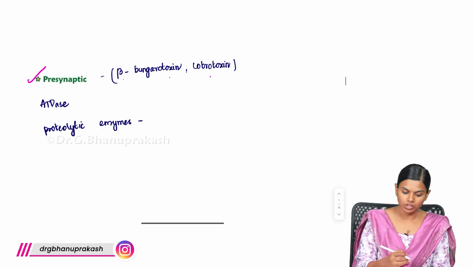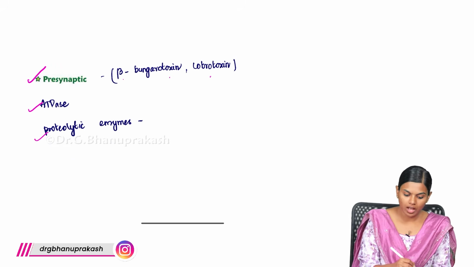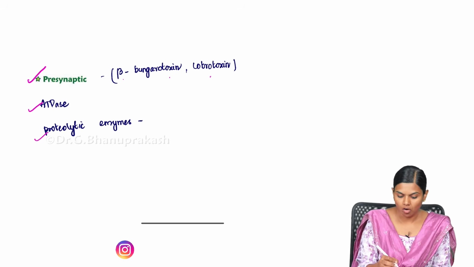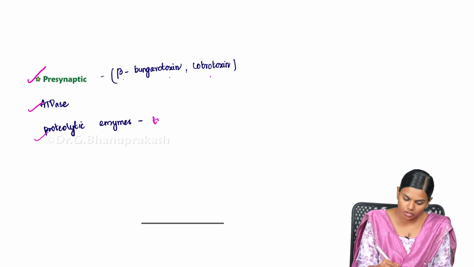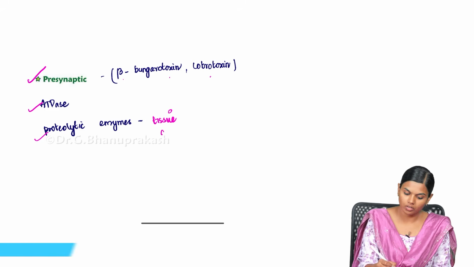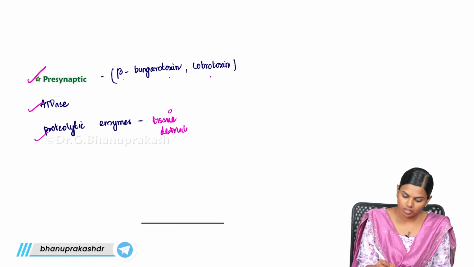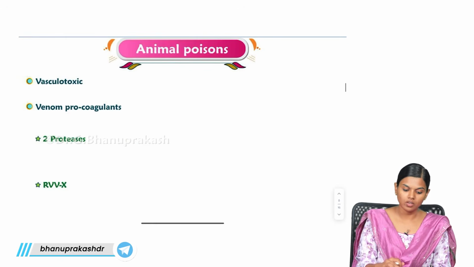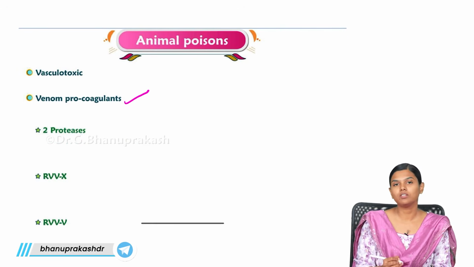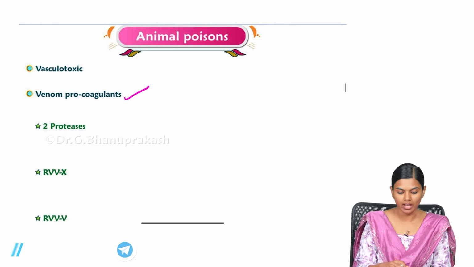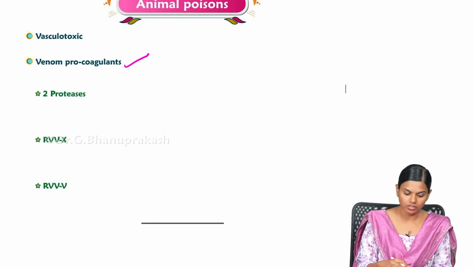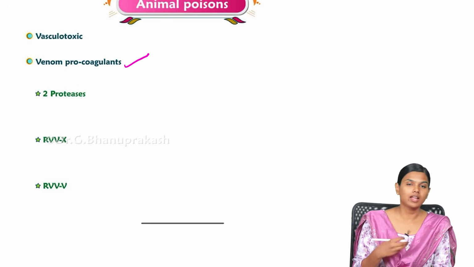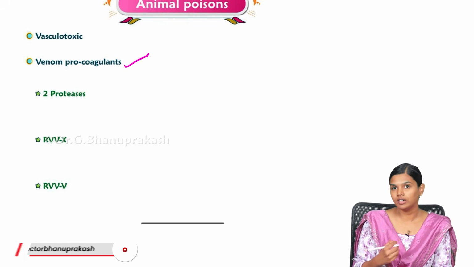Then apart from this, you will have ATPase. You will have proteolytic enzymes. All this will lead to tissue destruction. You will have some hydrolases. Then you will have these procoagulants. In the vasculotoxic venom, you will mainly have venom procoagulants, which will lead to increased activity of the fibrin and result in DIC.